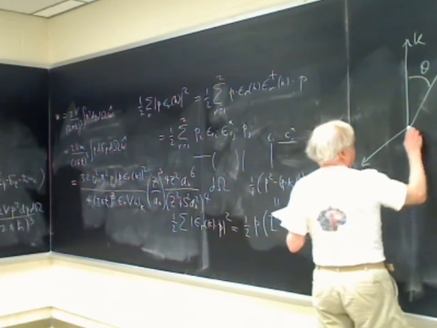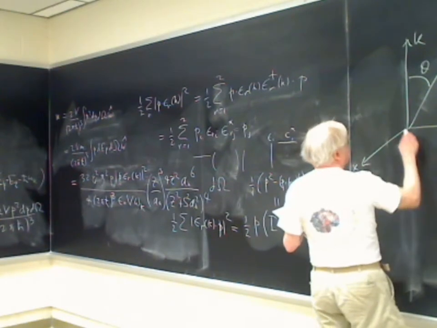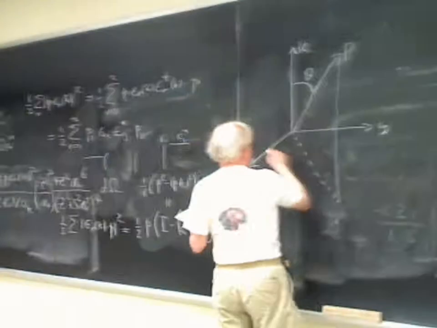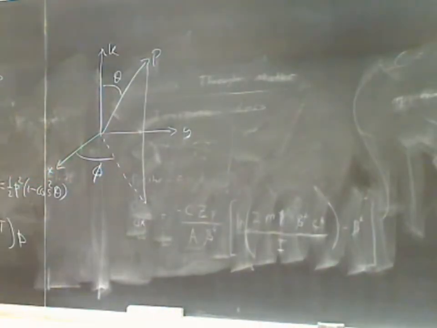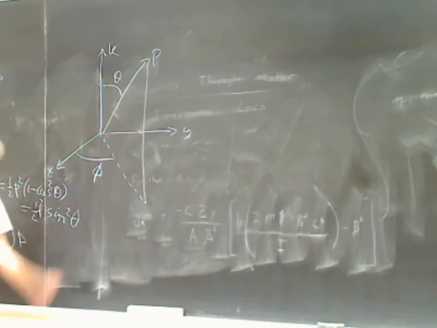This is the x-axis, that's the y-axis, and you drop a perpendicular and you have an angle φ here. So that's our picture. θ and φ are the polar angles of the ejected electron. But only cosine squared comes in here, and this is in fact 1/2 p² sin²θ.